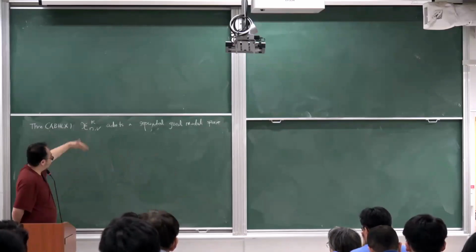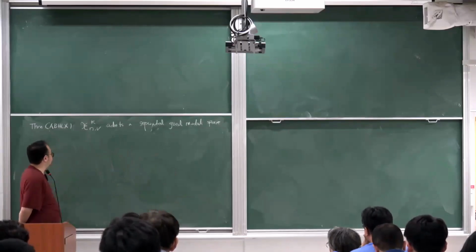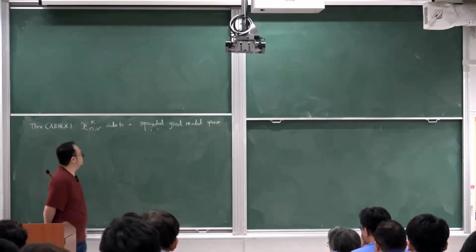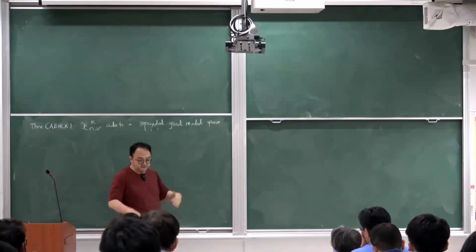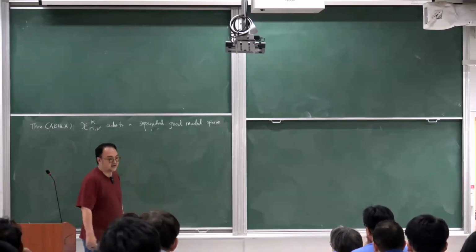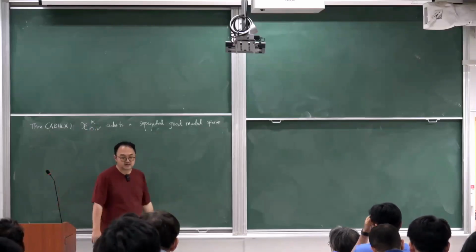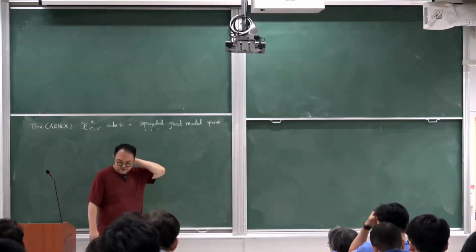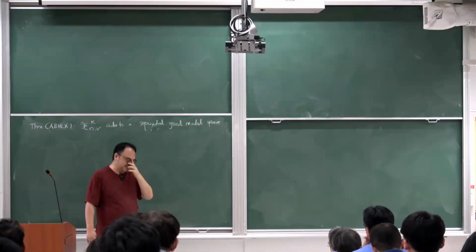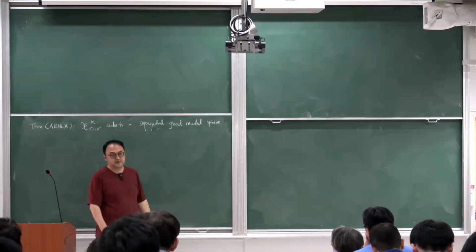As I tried to explain to you yesterday, a stack admitting a separated good moduli space is a very strong property of the stack. You can think of the stack as a global quotient stack that has very strong consequences on the orbit geometry of this quotient.